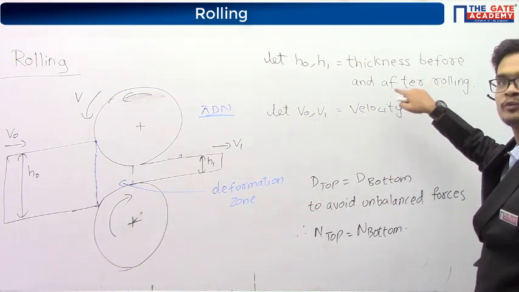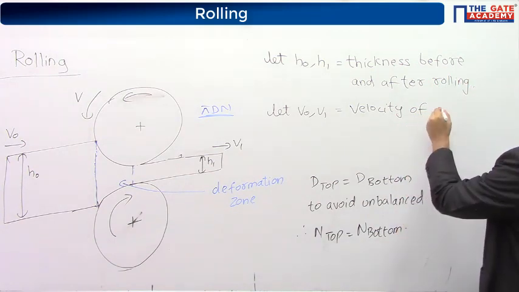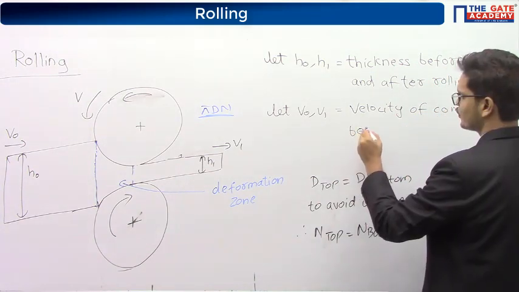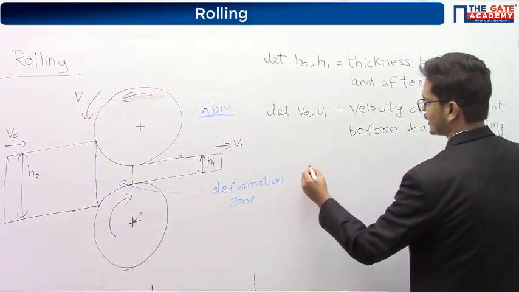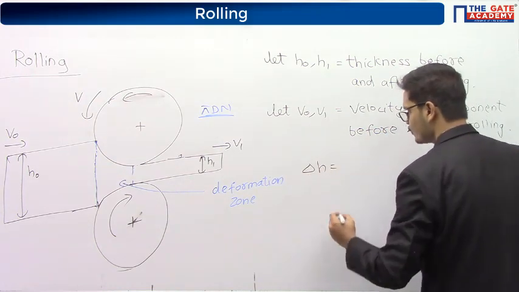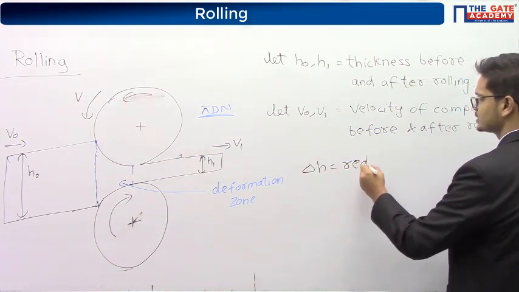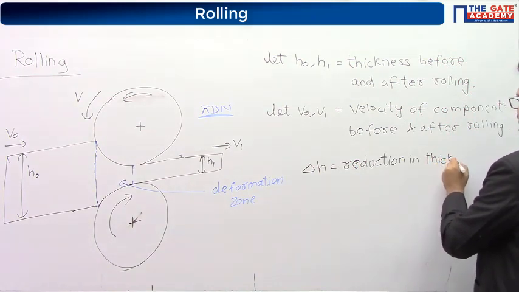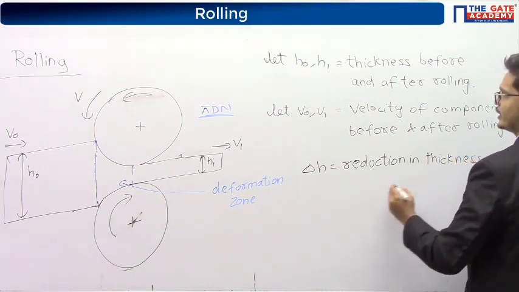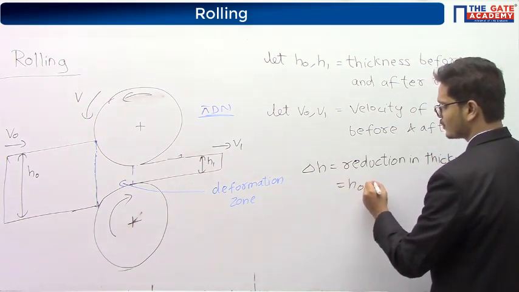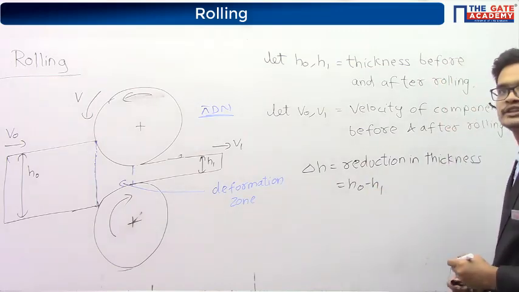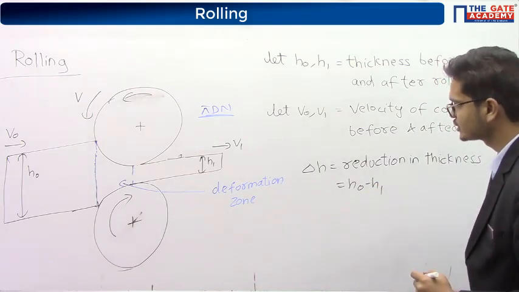This is the thickness of the component, this is the velocity of the component, before and after rolling. Delta H is equal to the reduction in thickness. It is equal to H0 minus H1.